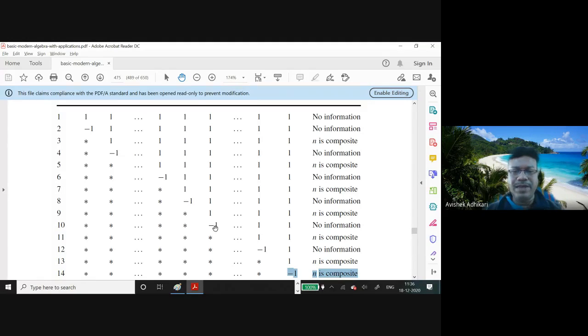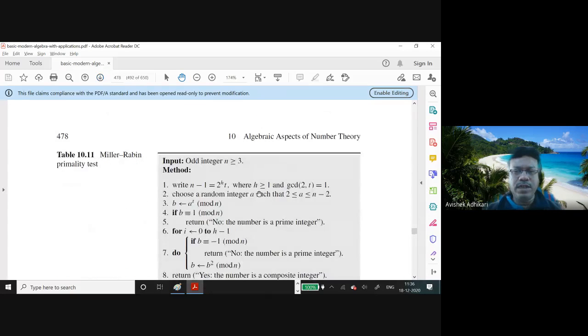Wherever you get minus 1, after that all the steps become 1 and the remaining will be some star. Because if you have 1 here, you cannot have minus 1 to the right of that. That means wherever you get minus 1, your answer will be no information. So in my algorithm, what should it give? It should return that the number is prime.